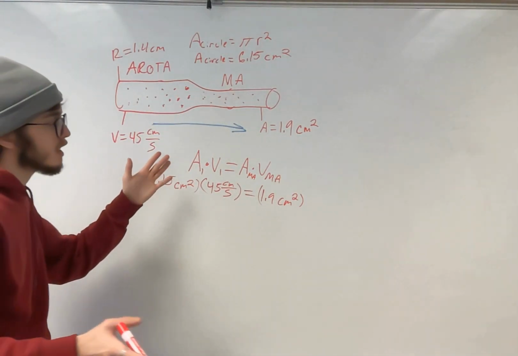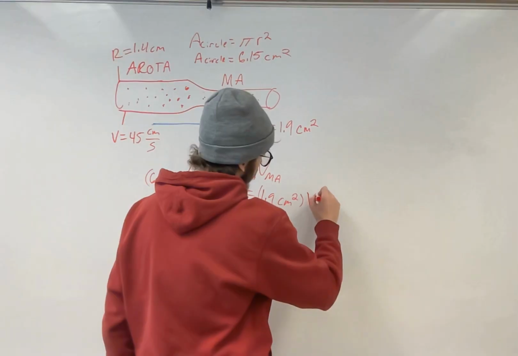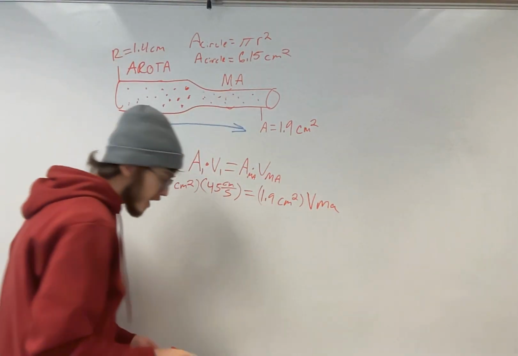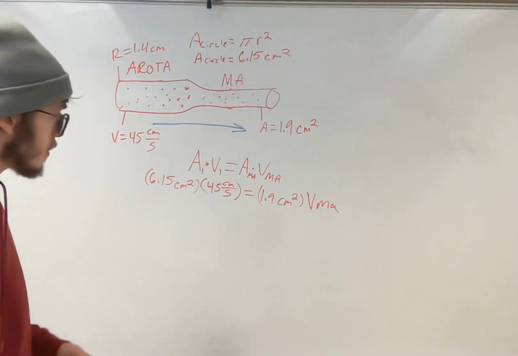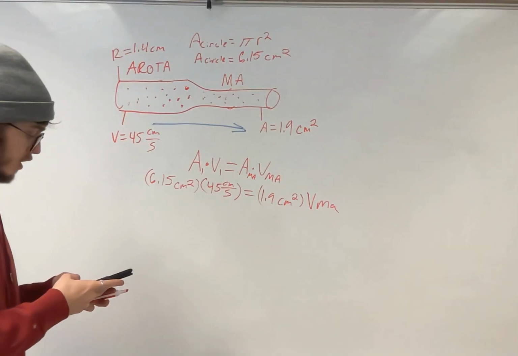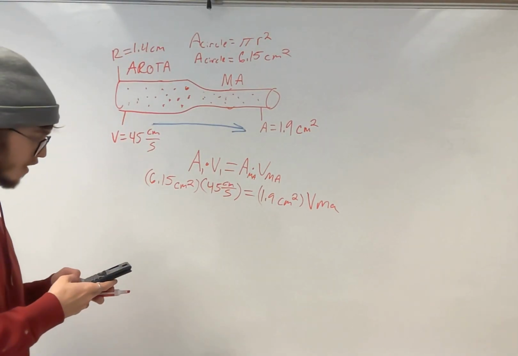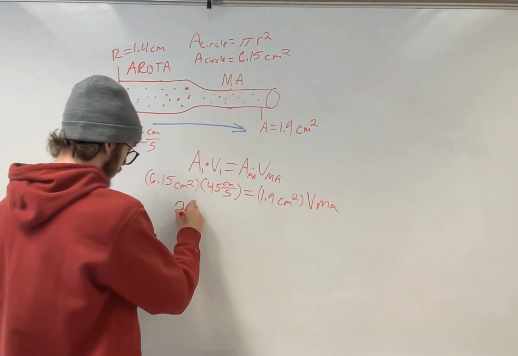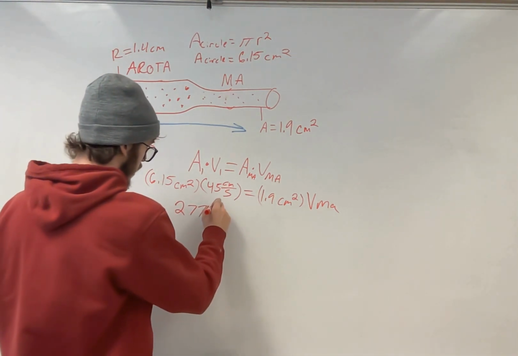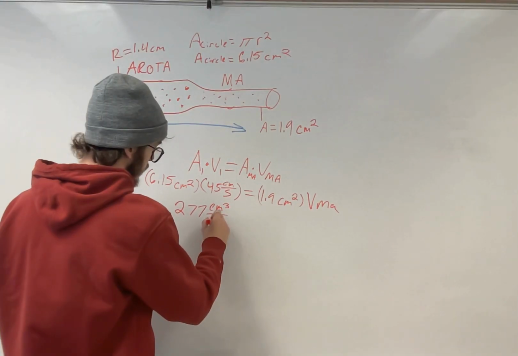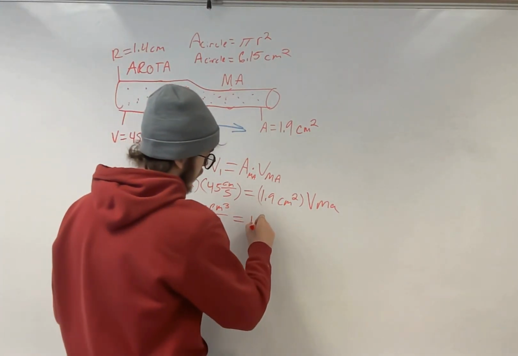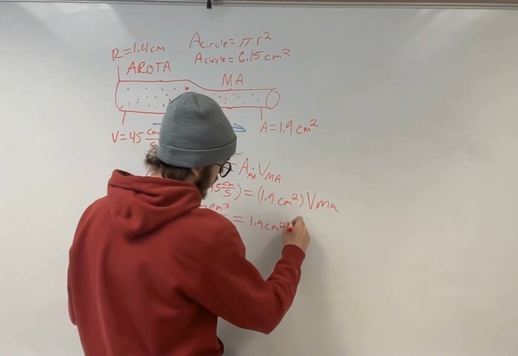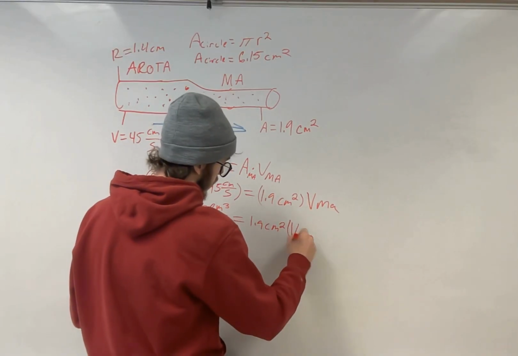We don't know the velocity at which those are traveling, so we're just going to keep it as the velocity of the fluid in the major arteries. Okay, so let's do 6.15 times 45, and we're going to get 277 cubic centimeters per second, and that's going to be equal to 1.9 square centimeters times the velocity of the major artery.